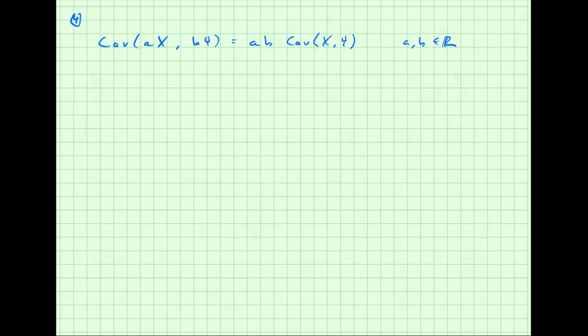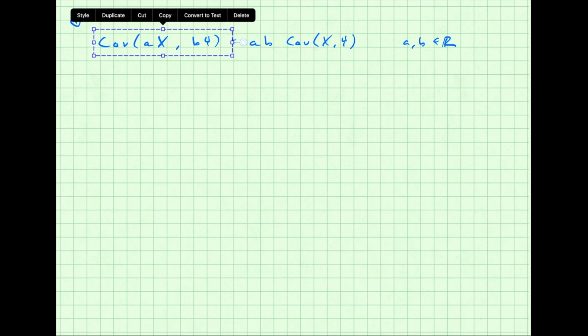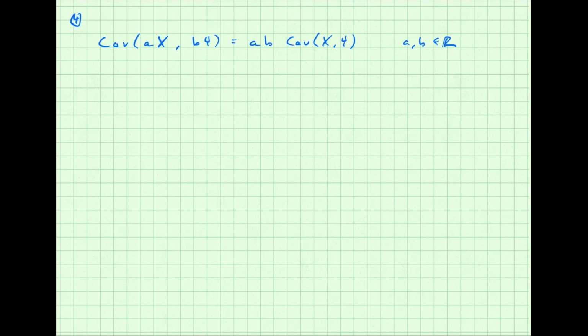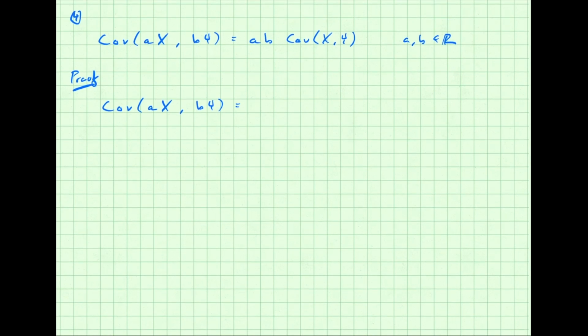Okay, so we'll just put in the left-hand side here. Right, so here's the proof. All right, and so what is this? This is equal to the expected value, and this is using one of the properties above, the expected value of A times X times B times Y, right?